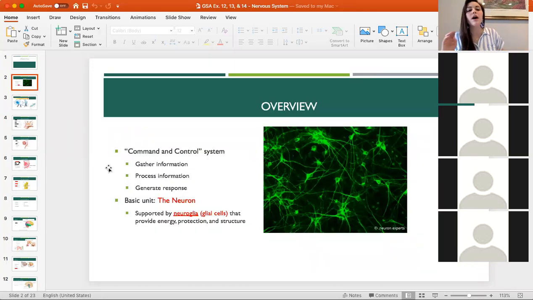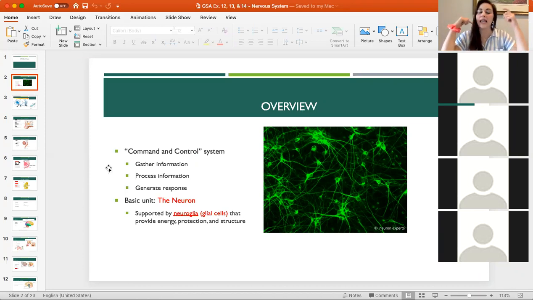Okay, perfect. So our nervous system, just in a nutshell, is going to be our command and control system for the entire body. Through our nervous system, we're able to gather information in our environment, different types of stimuli, different things that are happening.